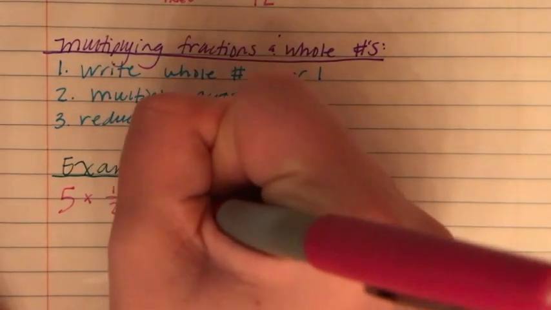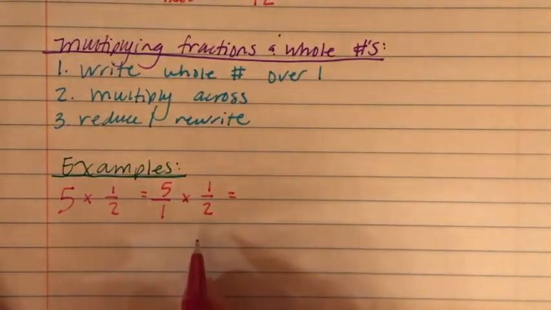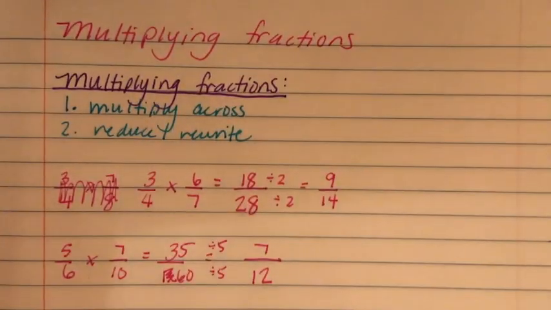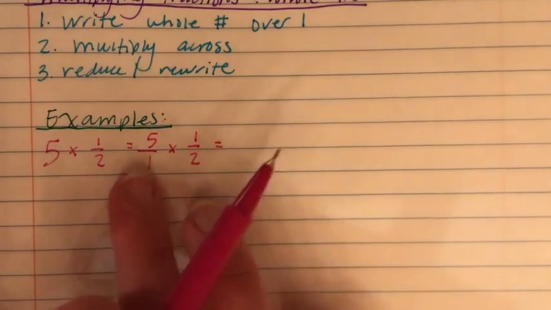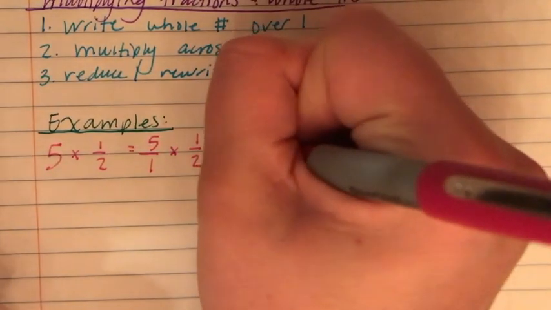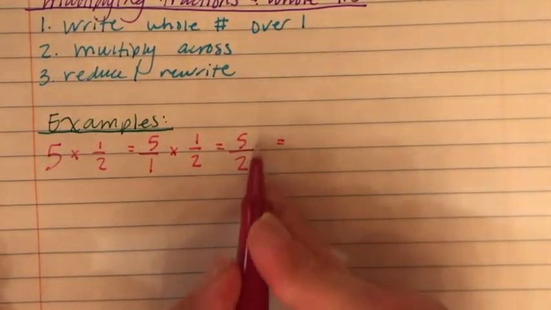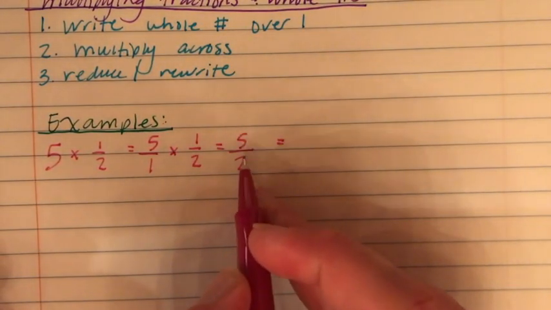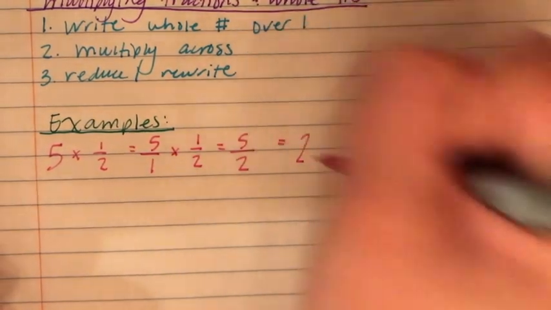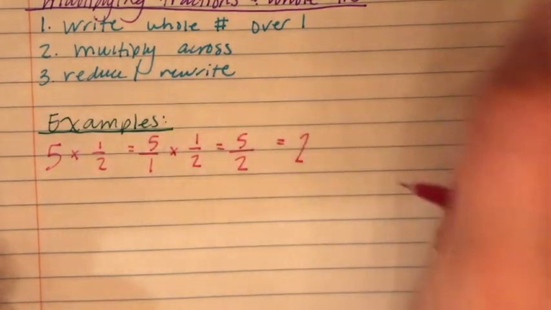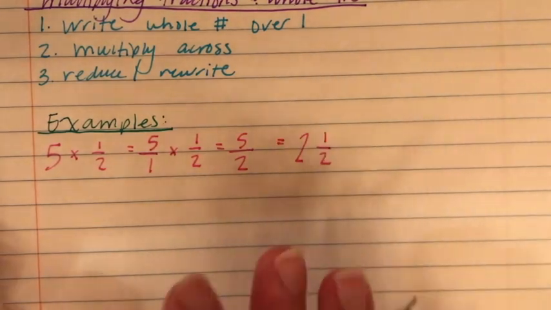So I do 5 over 1 times 1/2. And now I have it in my form, like these ones up here, where all I need to do is multiply across, reduce, rewrite. So 5 times 1 is 5. 1 times 2 is 2. And now, since it's an improper fraction, I need to get it to a mixed number. So 2 goes into 5 twice. So that would subtract 4, which leaves me with 1 left over. And I get 2 and 1/2 is my final answer.